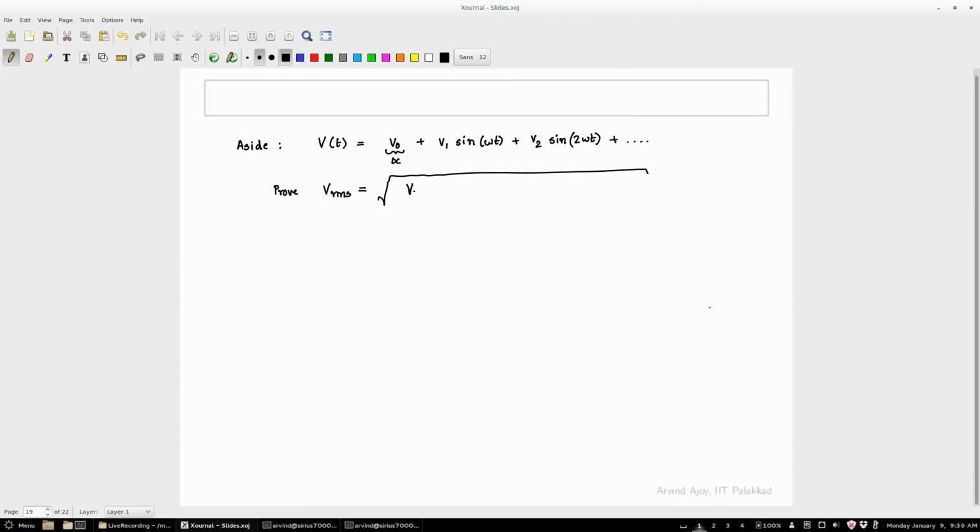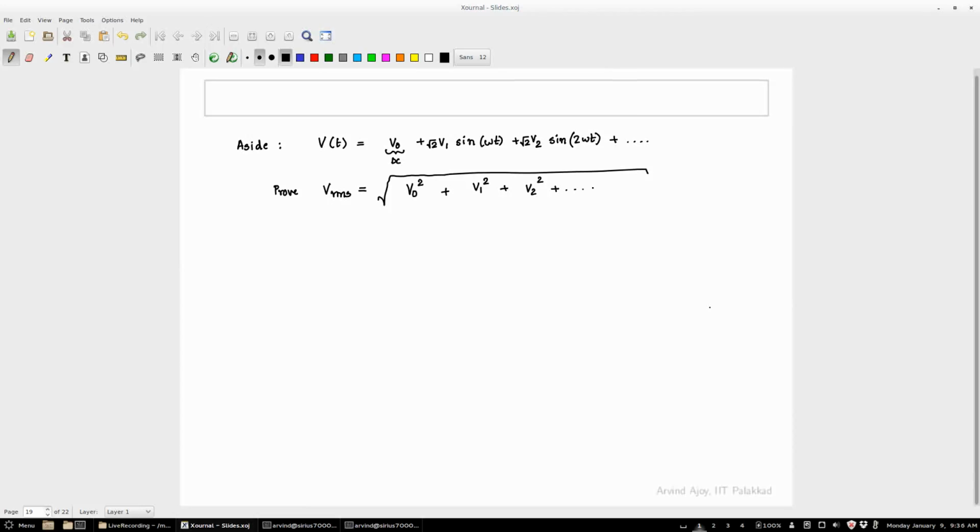Prove that the RMS is the square root of V naught squared plus, what do you think this one should be?